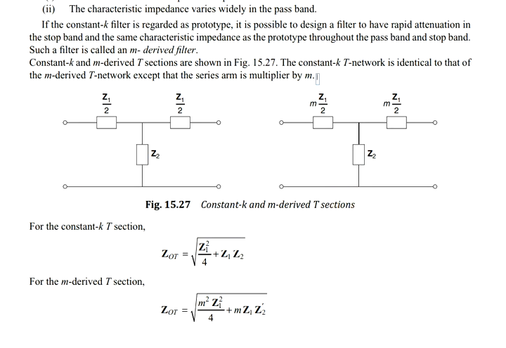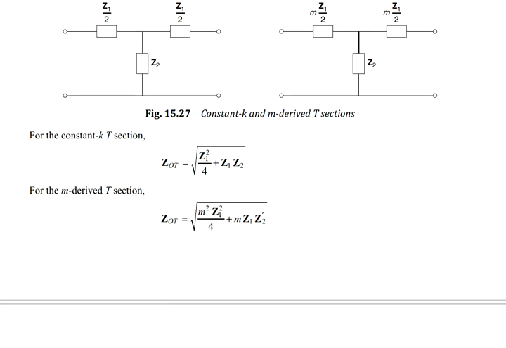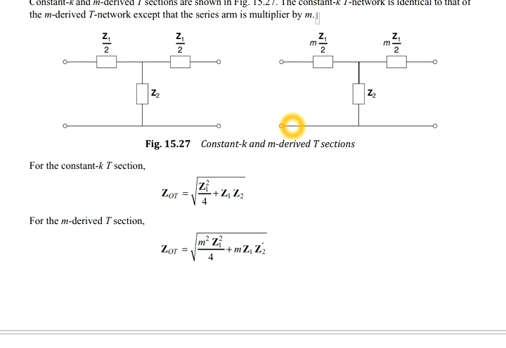Now we have already derived the constant K T section characteristic impedance, that is Z0T, which is nothing but the square root of Z1 square by 4 plus Z1 Z2, and now this Z1 is going to become mZ1 if it is an m-derived filter, right? Then you just replace Z1 with mZ1, and we will get the m-derived filter characteristic impedance equation. Sorry, it is given in a wrong manner here.